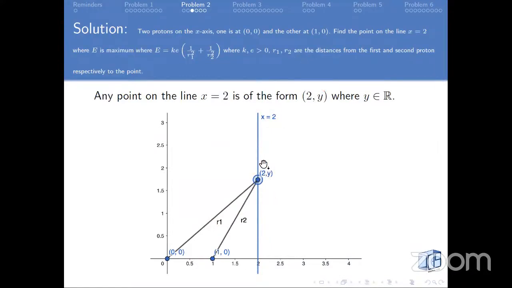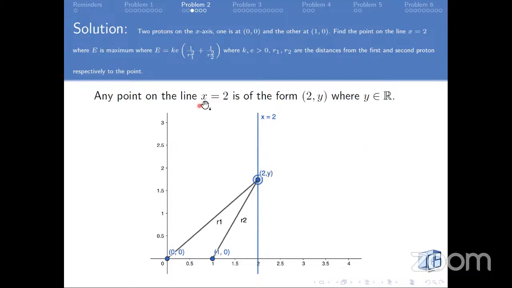First, magdodrawing tayo ng diagram. Meron tayong proton at the origin and other at (1, 0). Tapos meron tayong line na x equals 2 kung saan hahanapin natin kung saan magiging maximum yung E. Tapos yung point na to, alam na natin na x equals 2, pero ang tanong ano yung y.